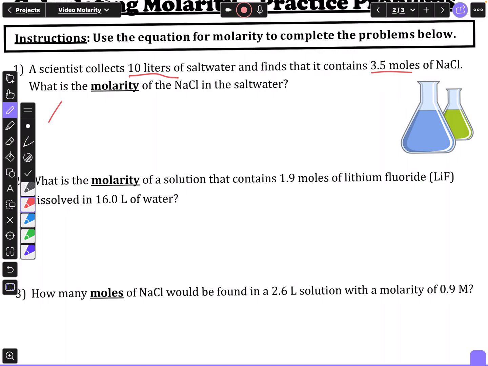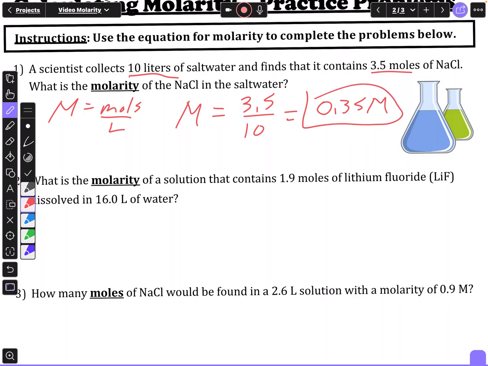So again, molarity equals moles over liters, and I plug in: molarity equals 3.5 moles over 10 liters. When you divide that, you'll get 0.35, and don't forget your units. Since we're solving for molarity, it'd be a capital M, which means a 0.35 molar solution.